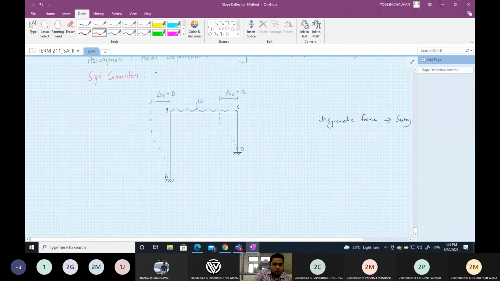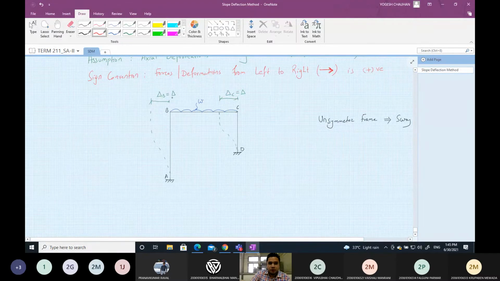So let us assume that forces and deformations from left to right, that means this way, are positive.